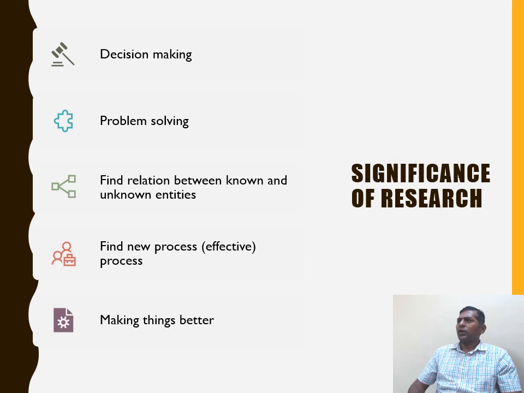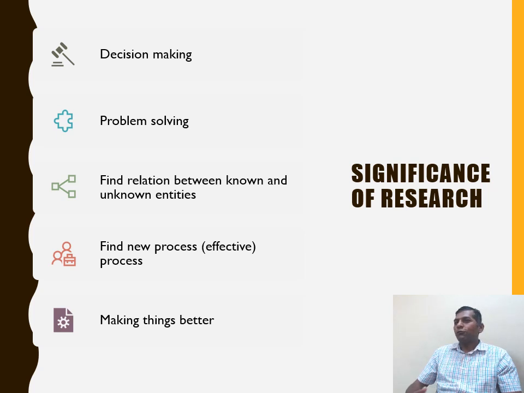Next, finding a relation between known and unknown entities. Previously, we did not know many things in basic sciences, like the relation between speed and acceleration, the speed and the braking systems. All these relations have been identified and made known to people, so that people can work on them and go for further studies.